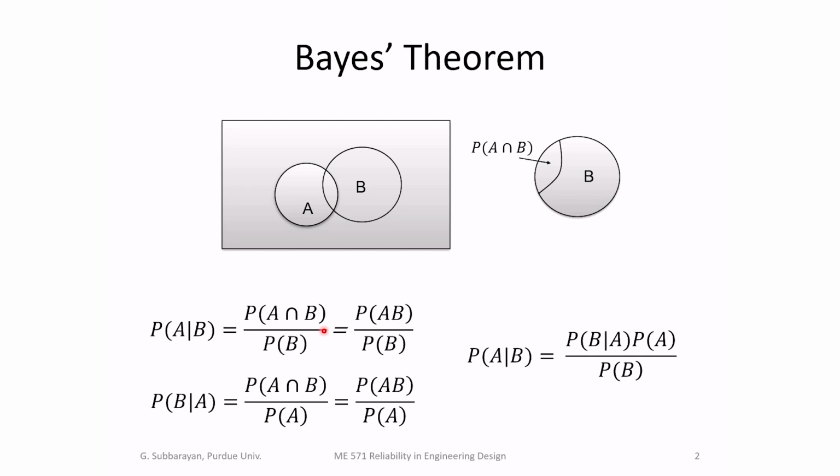Now, if the two events A and B are independent, then the occurrence of B has no relevance to the probability of occurrence of event A. Intuitively, we would not expect any connection between B occurring and A occurring if they are two statistically independent events.